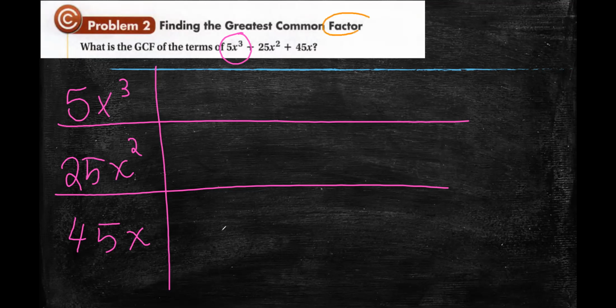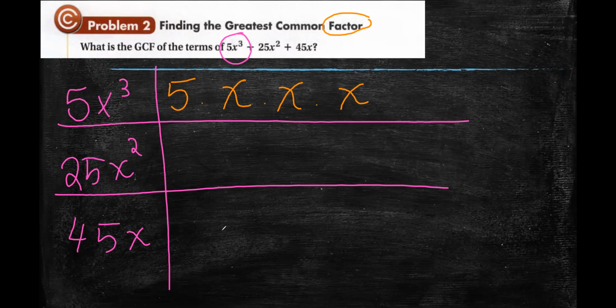The first step, I have to factorize them. I want to write it as 5 multiplied by x. I want you to say that 5x cubic is the multiplication of 5 times x times x times x. So from here, it is 5 multiplied by x cubic. This x cubic has 3 x's. So it is 5 times x times x times x. Is it right?